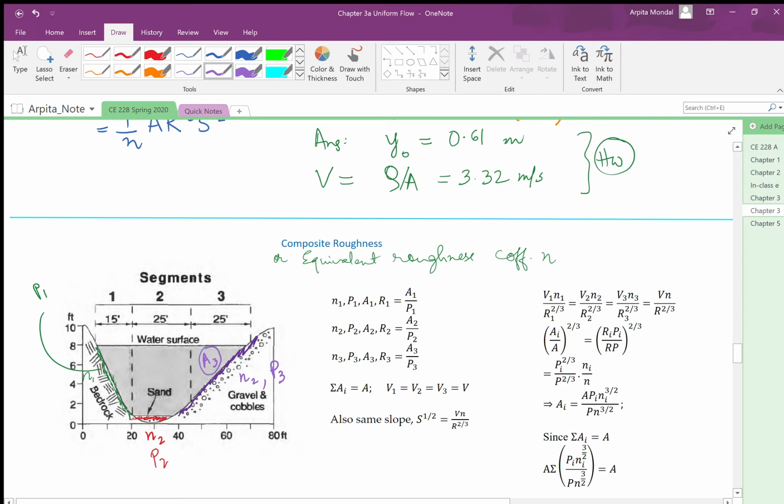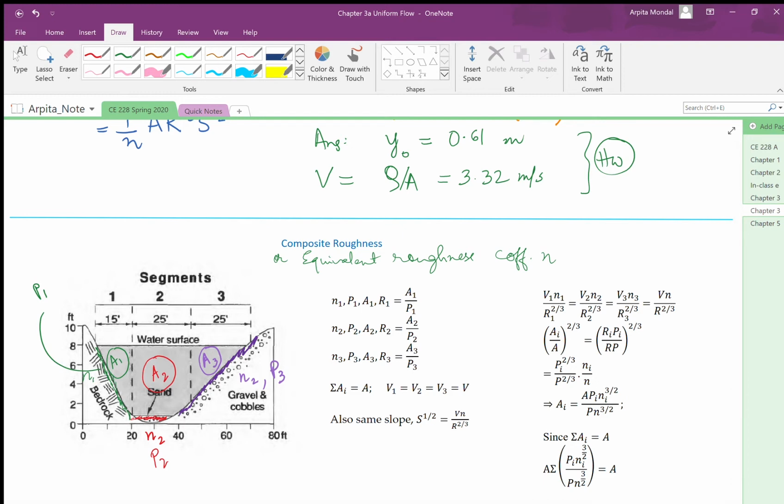So this area is A3, this is A1, and the middle part is A2. If we have channel conditions such as this, then what would be the equivalent roughness coefficient?